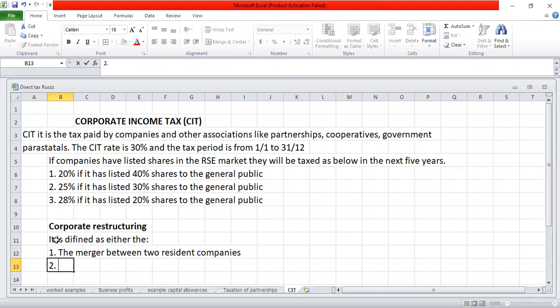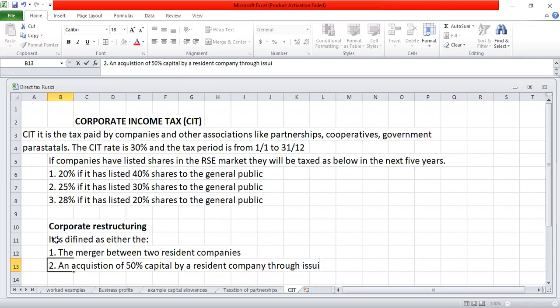Number two, an acquisition of 50% capital by a resident company through issuing of shares.